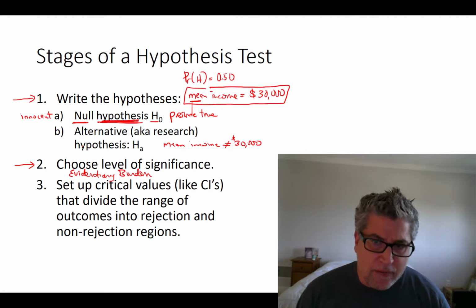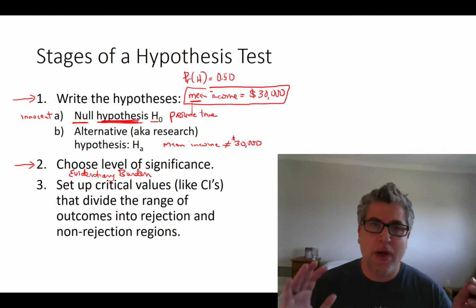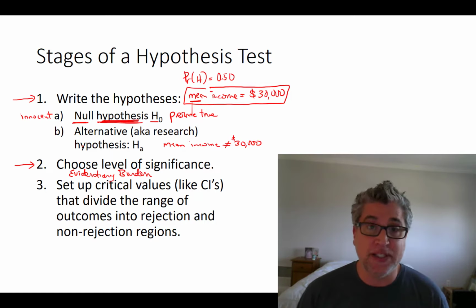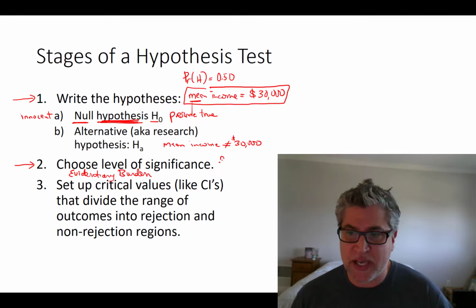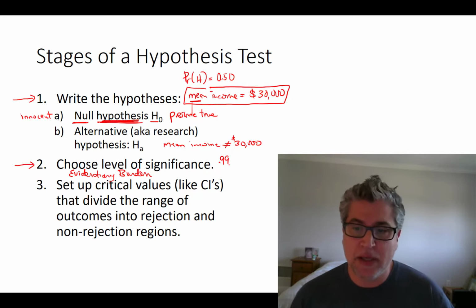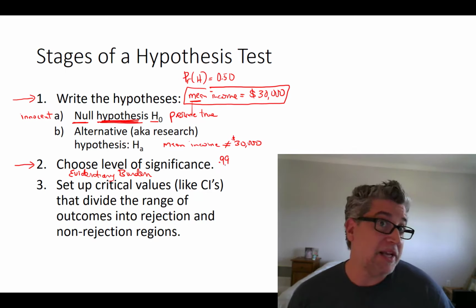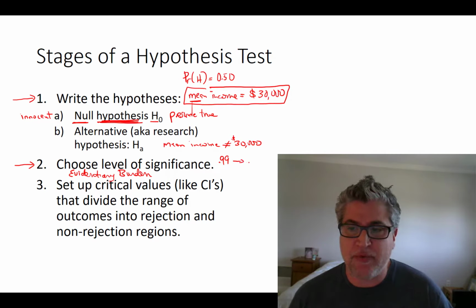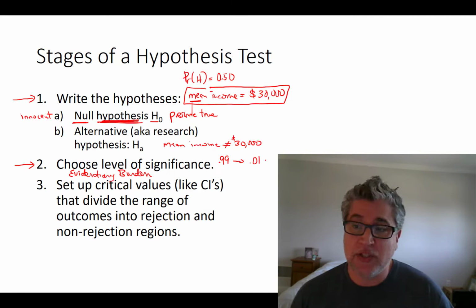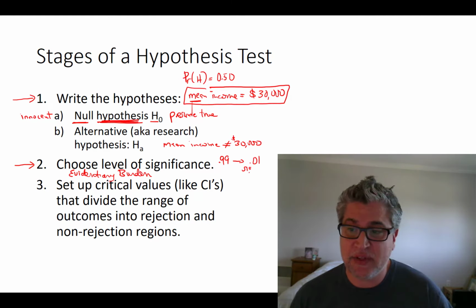So from the get-go, you want to know, what's my evidentiary standard? It can be, you know, beyond all reasonable doubt, which is to say, let's say 99%, like a 99% confidence interval. In hypothesis testing, we opt for 1 minus the 99, so this would be a 0.01, and it's called a 0.01 significance level rather than a 99 confidence level.